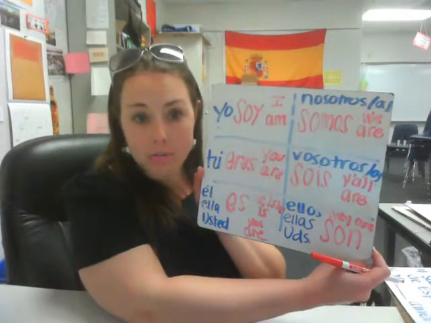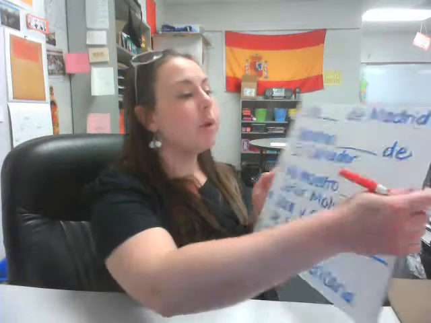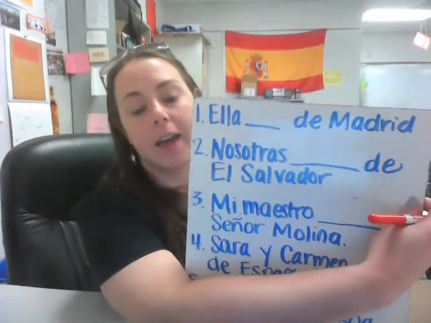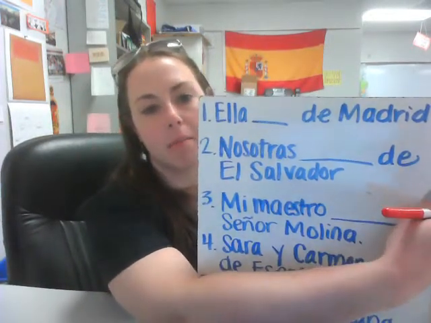Now, if you have not finished your chart yet, you may want to pause the video here so that you can take a minute to finish your chart. We're going to do a little bit of practice right now with a couple of sentences where we're going to fill in the blank with the correct form of the verb ser. Okay, so for the first one, I have ella blank de Madrid.